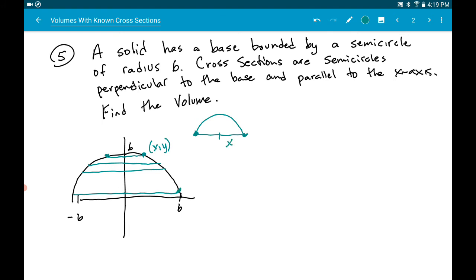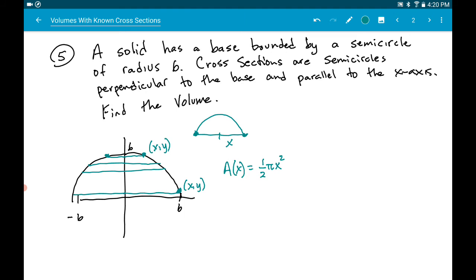Whichever semicircle you pick, it'll always be x. So the area of this semicircle is going to be 1/2 pi r squared. Again, this is the area of the cross section.